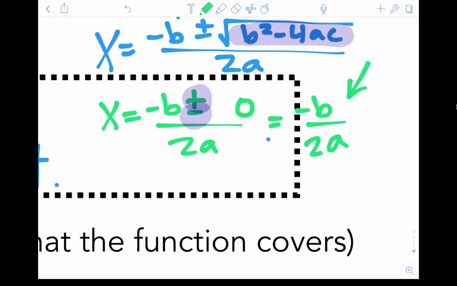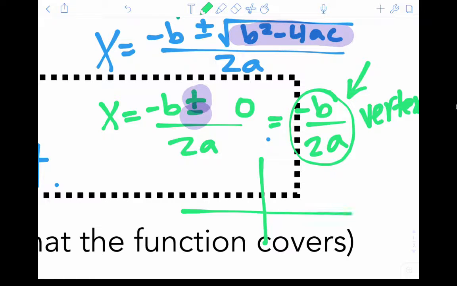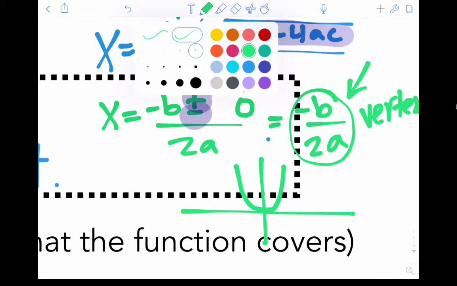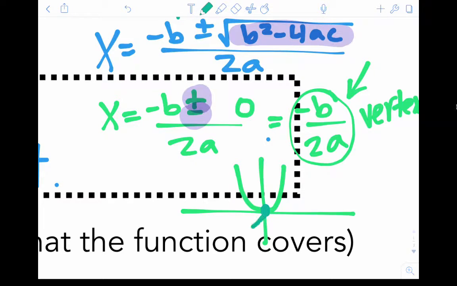If you notice, that also happens to be the vertex. So if there's only one x-intercept, then that x-intercept is the vertex of that graph. Whenever it's 0, there's only one value that actually comes out of that formula, and so there's only one x-intercept, and that is the vertex.